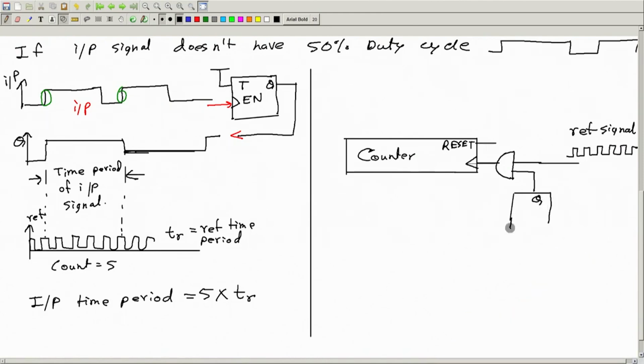So, let me draw it like this: Q, T, which is set to level 1 always, and here I will give the input to the clock. This will be the input signal. And if you have an input which is not rectangular, you may also need, schematically drawing, a Schmitt trigger before this.